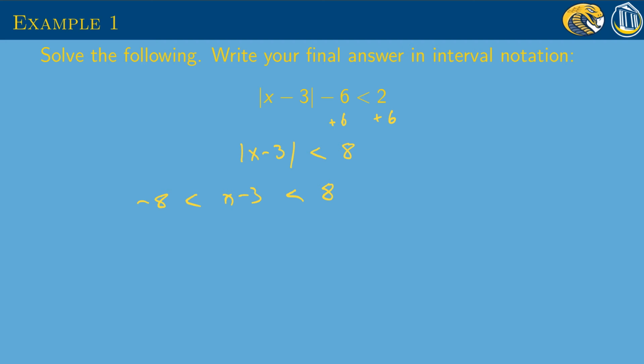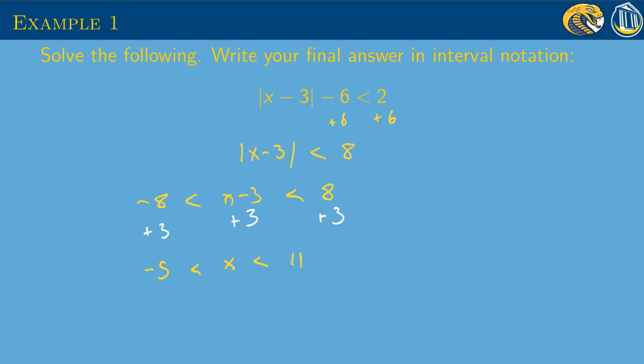Instead of treating this as two separate inequalities, we can solve it at the same time, solving for x, just by adding 3, not to both sides of an equation, but rather to all three sides of this compound inequality. And therefore, we get negative 8 plus 3, or negative 5, is less than x minus 3 plus 3, which is x, is less than 8 plus 3, which is 11.